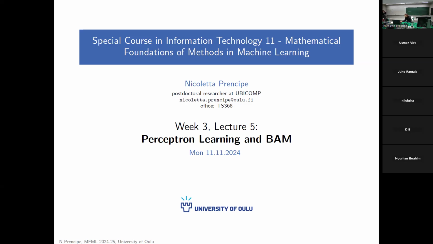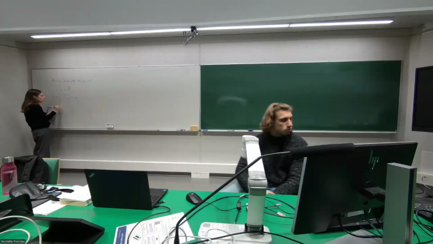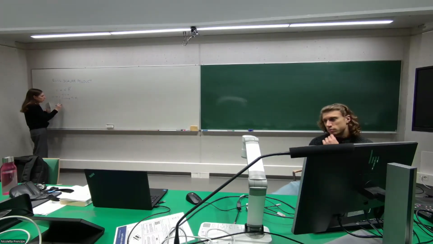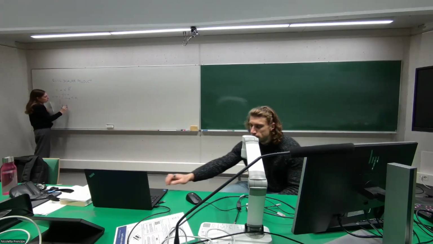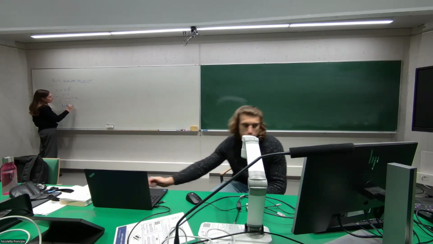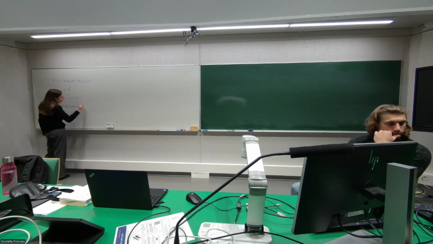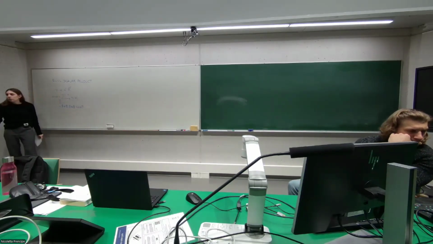I just do the dot product, and this is also equal to the norm of V times the norm of W times the cosine of the angle between the two vectors. Okay.